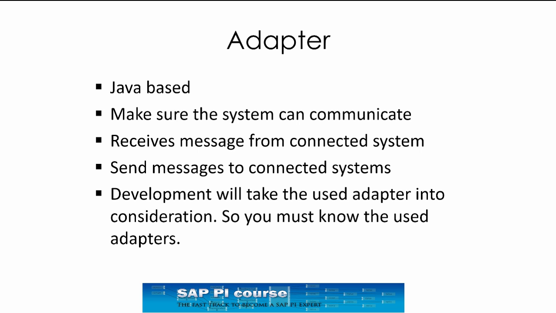So adapters, since we're just talking about the single stack, all adapters are Java based. They enable you to communicate with the different systems you want. You have a receiver communication channel that receives messages from the connected system, and you have the sending messages.